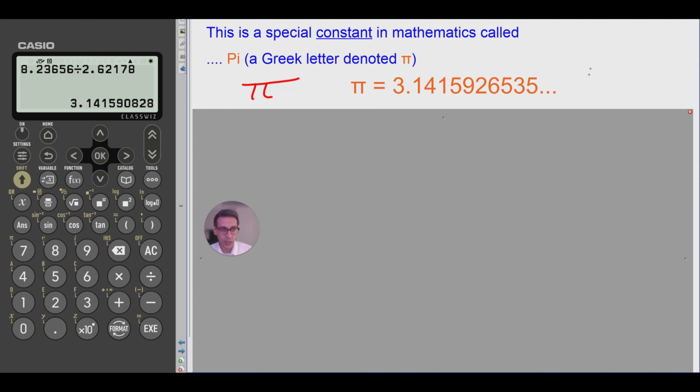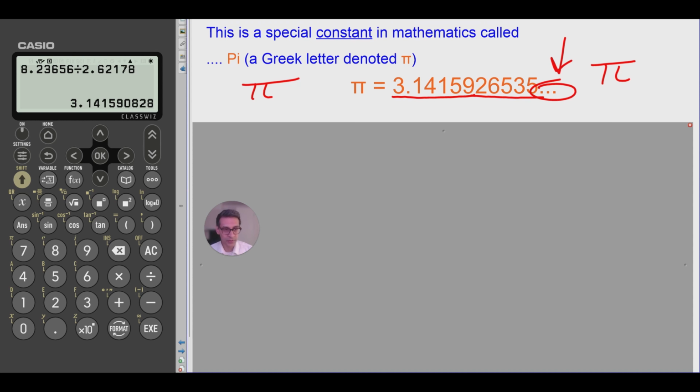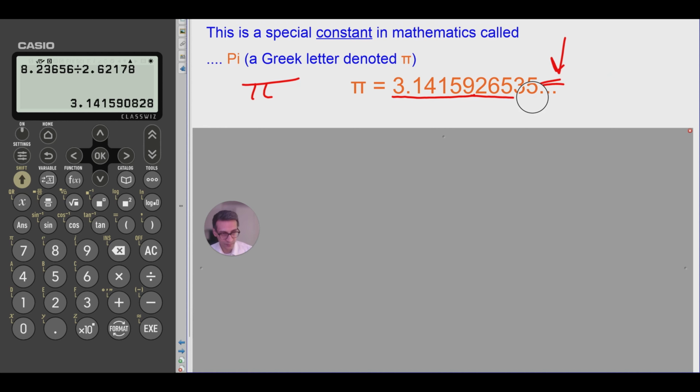It's fine either way, however you write it, but pi looks like this. It's a Greek letter and it has a value of 3.14159, which is what we got for all of our circles. And then our answers were very slightly off because we had to round our answers but this is the actual exact value, and you can see there's a dot dot dot because that value goes on forever.